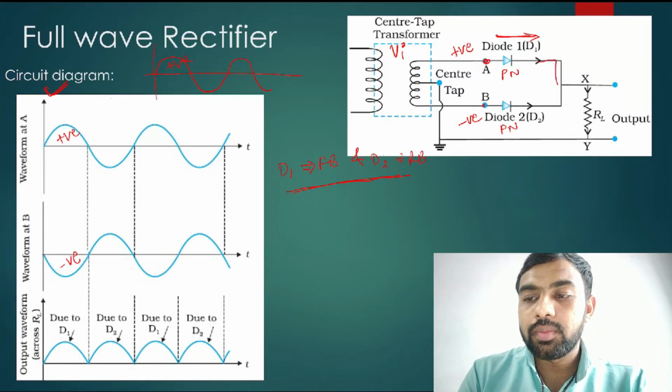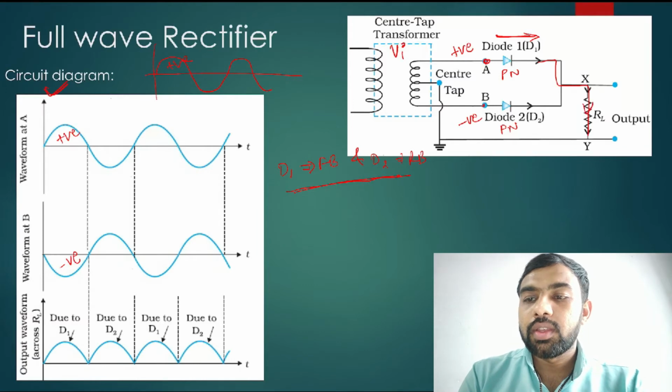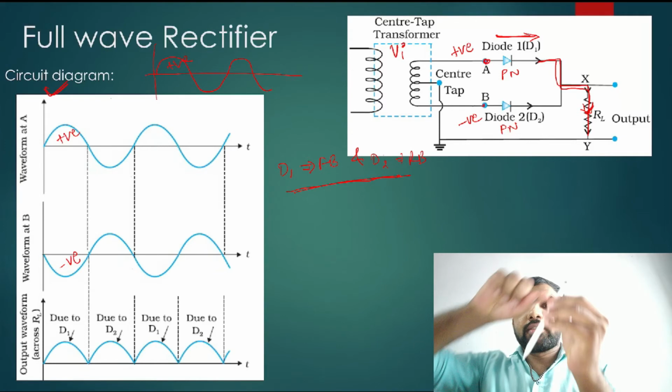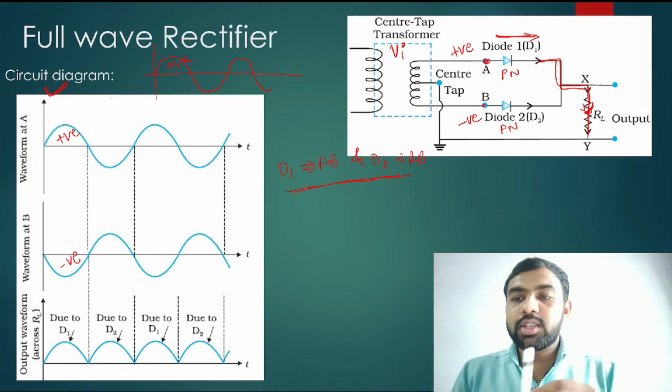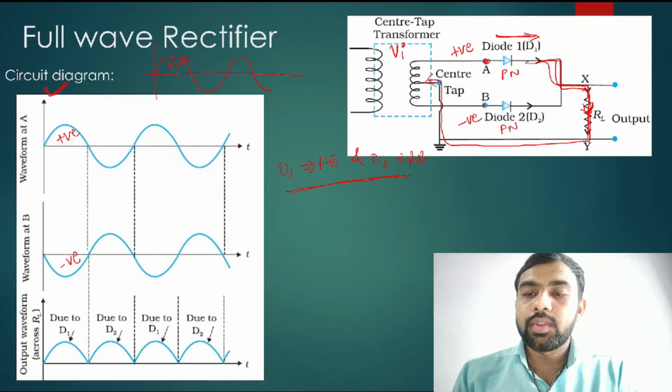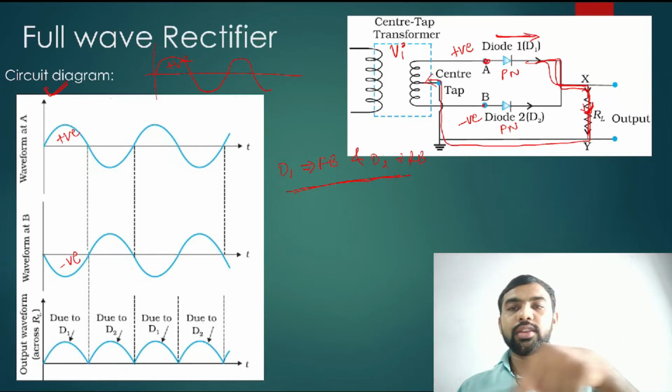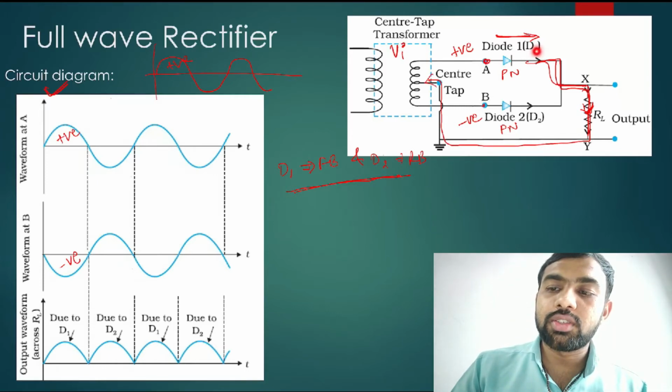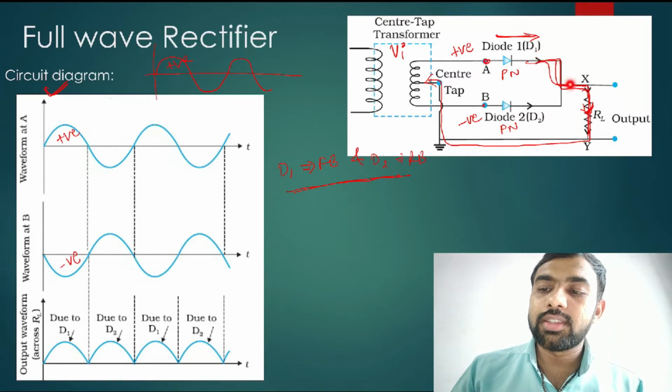The current is allowed through the resistance from X to Y. I am just drawing the figure. Diode 1 allows the current, diode 2 breaks the circuit. So diode 1 allows the current and it passes in this way. Do you understand?